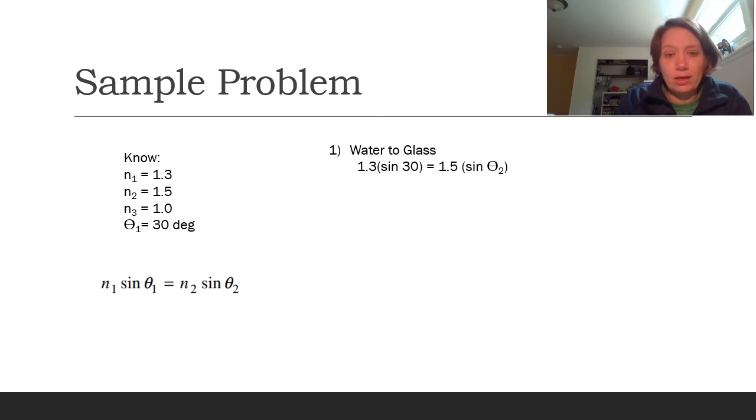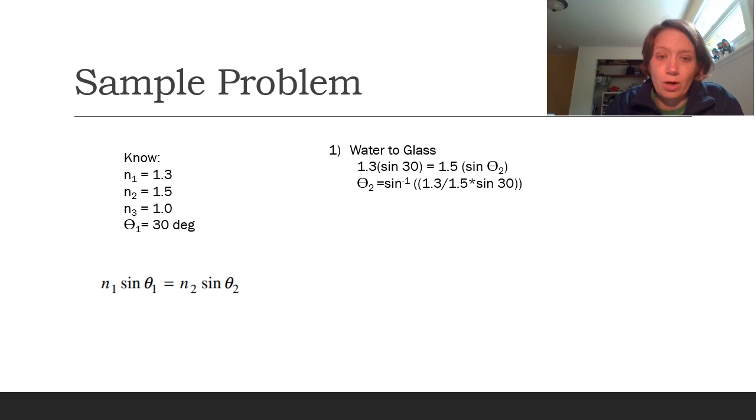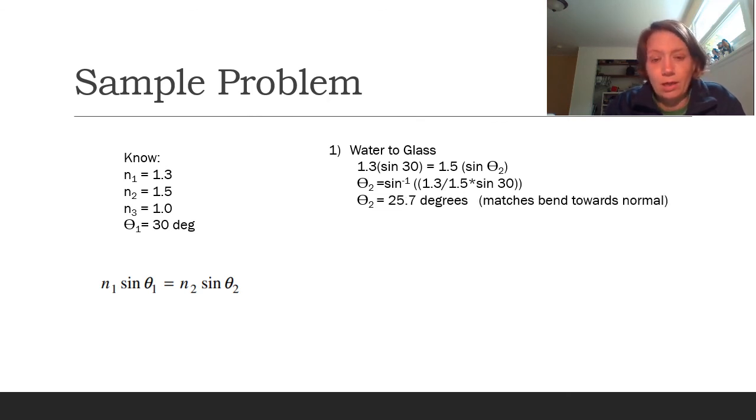For that first calculation, I've got 1.3 times the sine of 30 equals 1.5 times the sine of theta 2. This is telling me what angle the light will be traveling through the glass. In your calculator, you basically want to do the inverse sine of 1.3 divided by 1.5 times sine 30. When you do that, you end up getting theta 2 is 25.7 degrees.